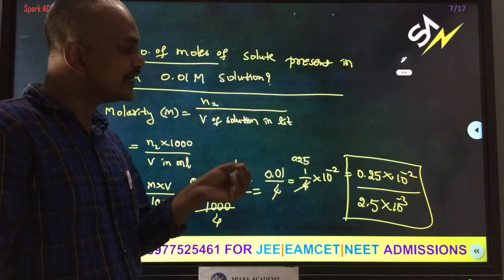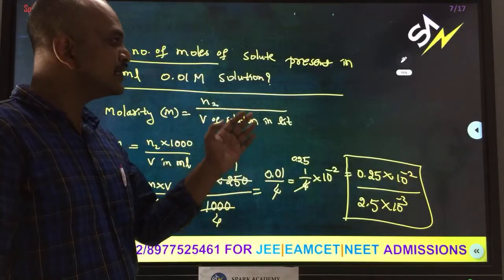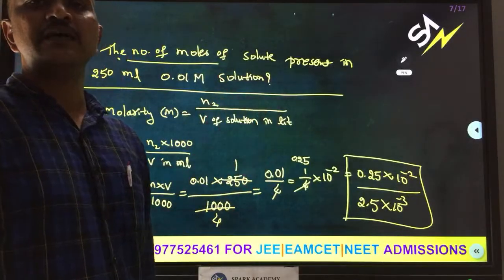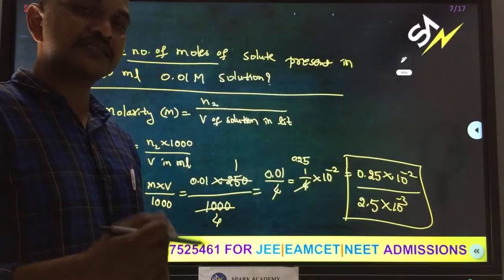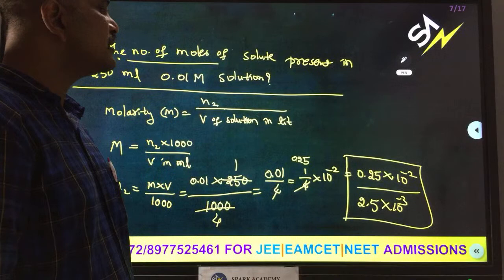If you read the question, you can easily see what values are given and what is to be found. Then you can apply the appropriate formula and obtain the answer. First of all, you should have a grip on the principles and equations.